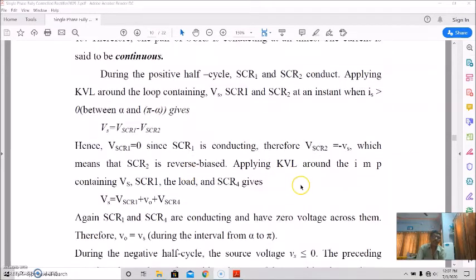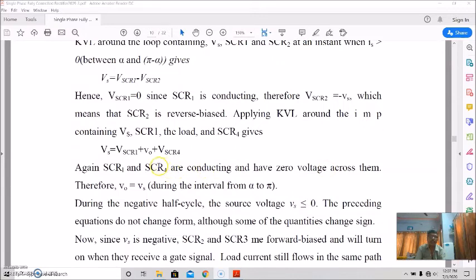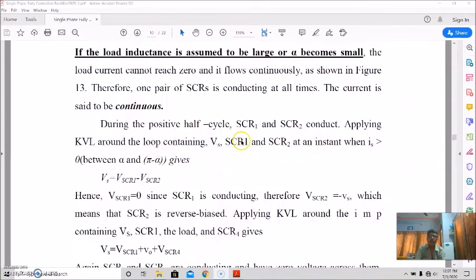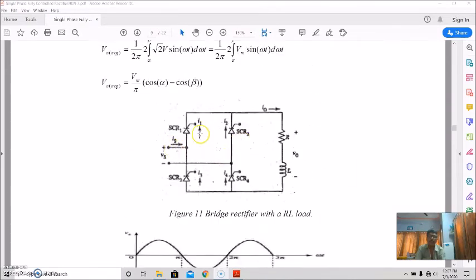So applying KVL around this loop containing Vs, SCR1, the load and SCR4, in this loop this will be this drop plus this voltage plus this drop, equal to the supply voltage.